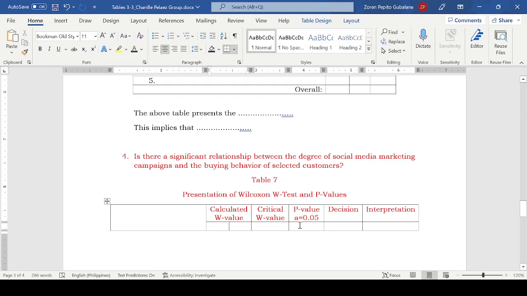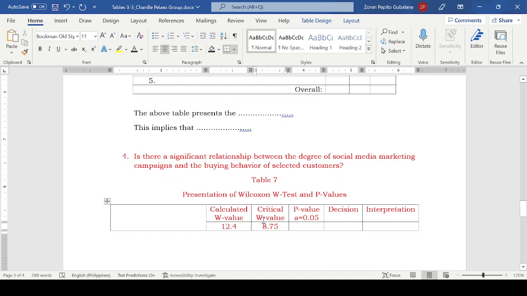For example, the result is 12.4. We put a decimal to make it a bit unique. For example, the critical value is 8.75.